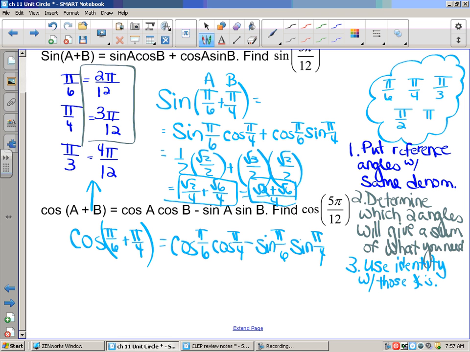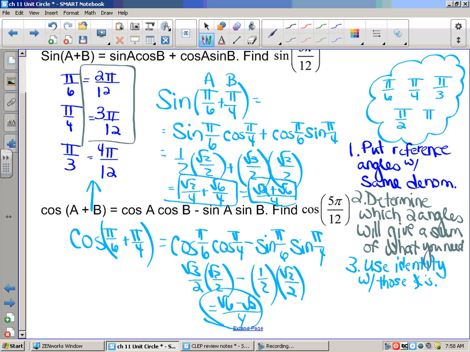And so similar to what we did already, the cosine of pi over 6 is root 3 over 2. And then we have root 2 over 2 minus the sine of pi over 6 and the sine of pi over 4. And so I would get the square root of 6 minus the square root of 2 all over 4. And that would be the cosine answer.